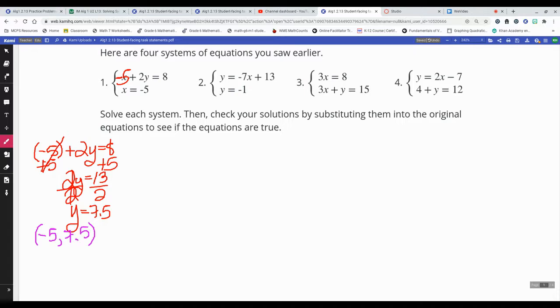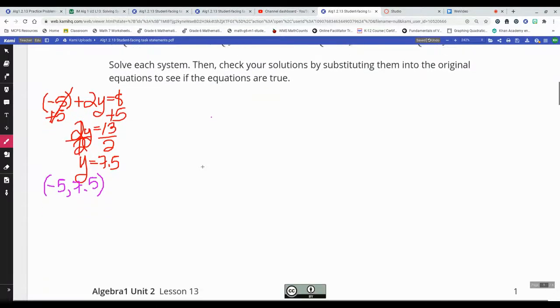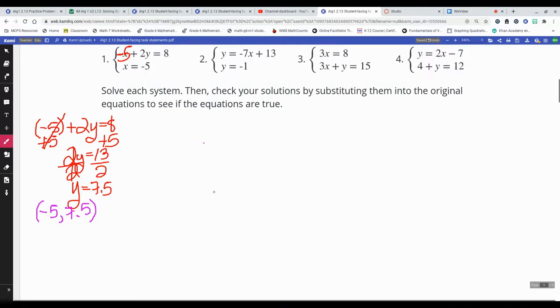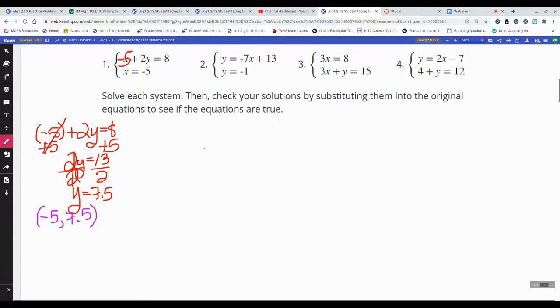Now to check, you could check by graphing, of course. It's relatively easy since you have the graphing technology to do that quickly. But I'm going to show you how to check algebraically. So to check, you need to substitute the value for x and y into both equations to make sure that they yield true equations.